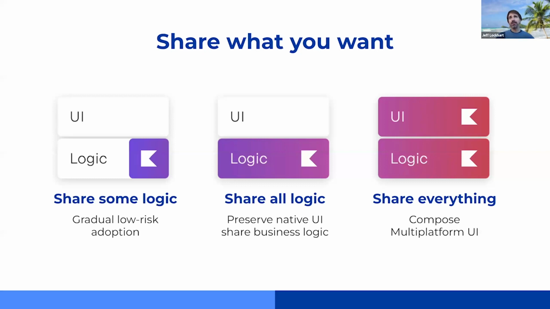If you have existing native apps, there's opportunity to really just introduce a small piece of shared code, and that works quite seamlessly because of the way the interop works between the native platforms. You could get to the point where maybe you're sharing all of your business logic, and maybe you just want to stick with native UIs because you want some of that native platform feel in your user interfaces.